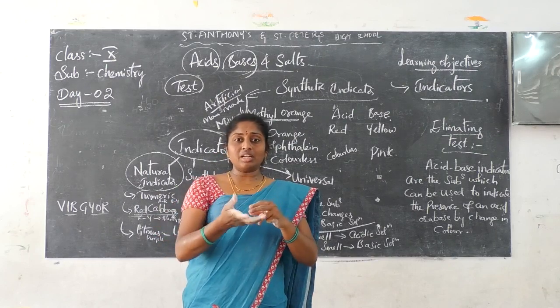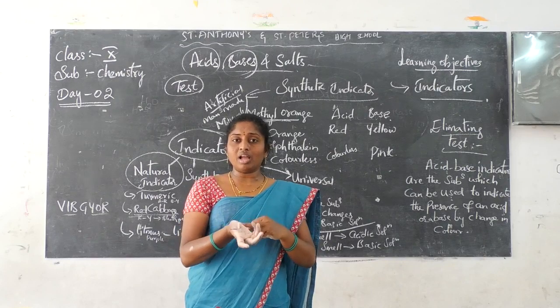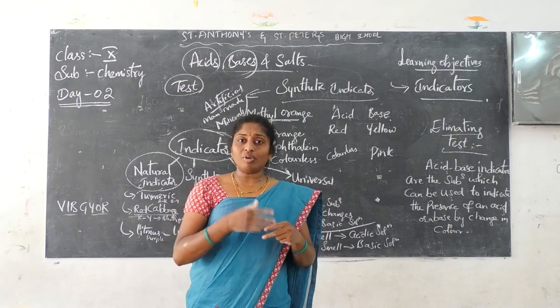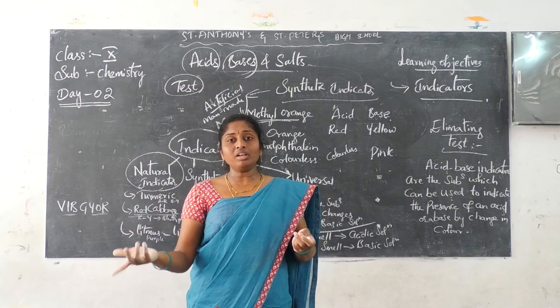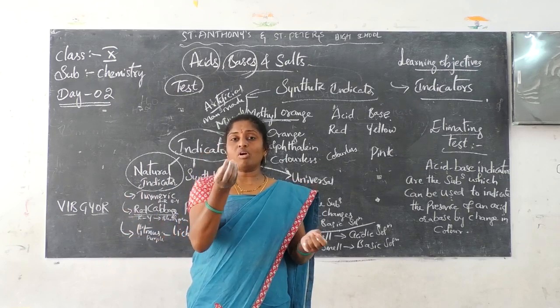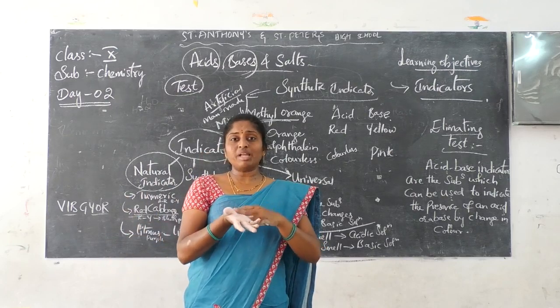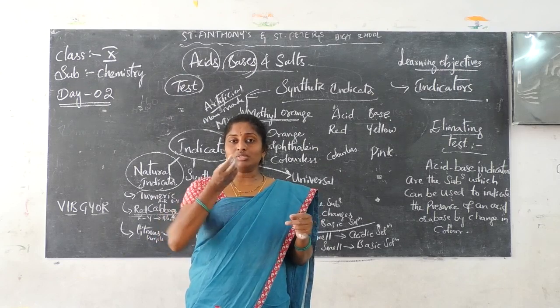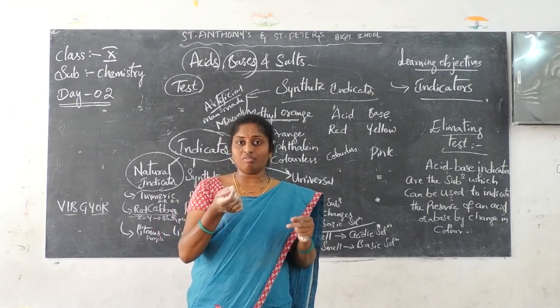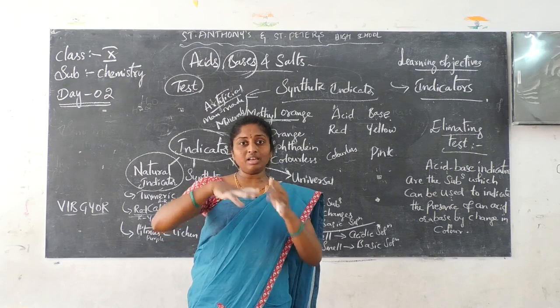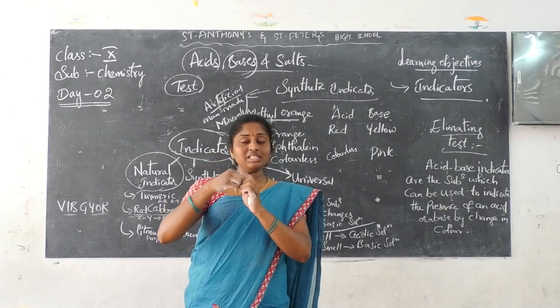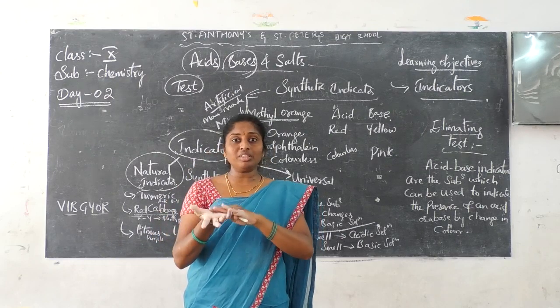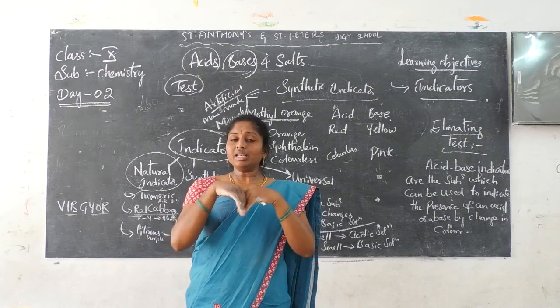When you are washing your hand with normal water, why are you getting the smell? Then after using the small lemon piece, why does the smell vanish? Because you are using citric acid to clean it off. So the acid is acting as an indicator. Here the acid is reacting with the smell and it is vanishing.